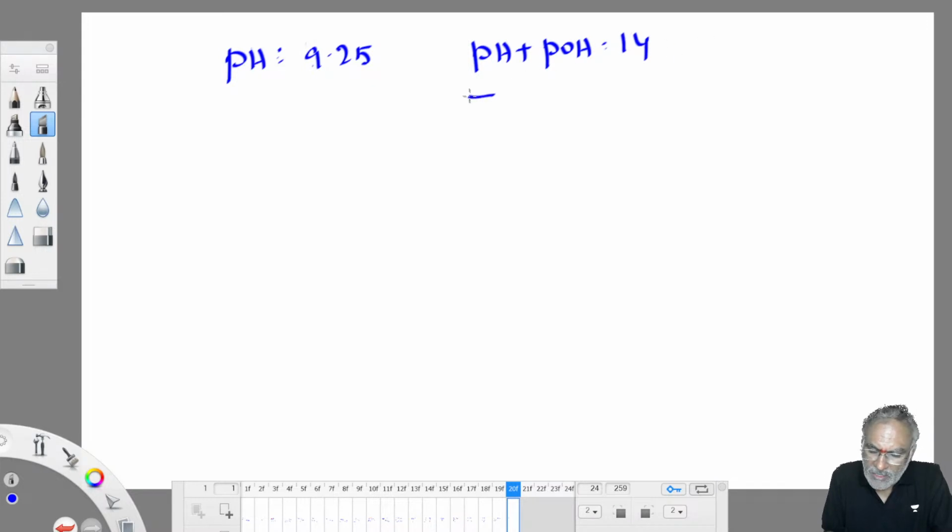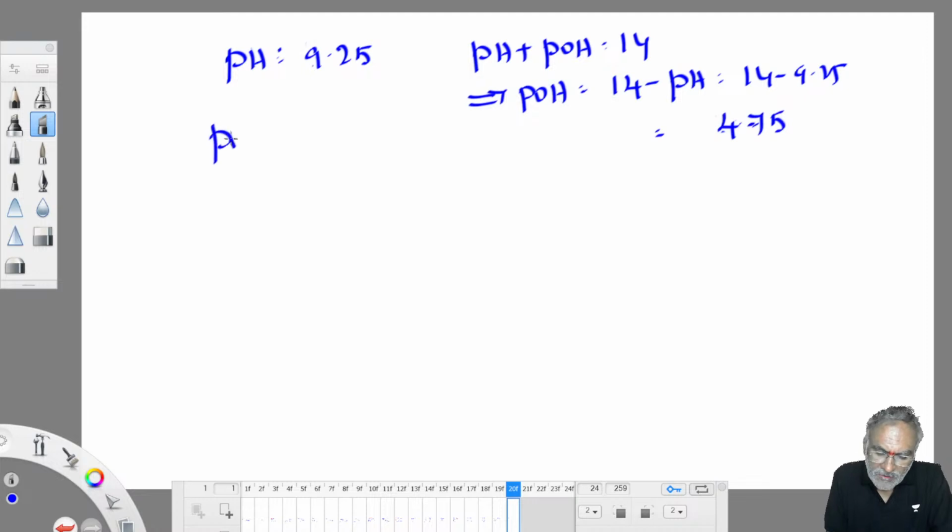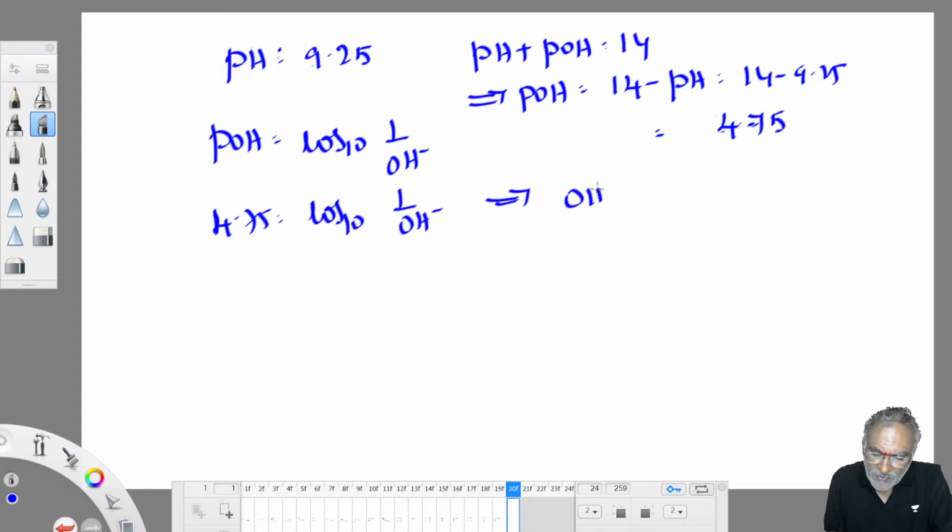Therefore, pOH is equal to 14 minus pH, 14 minus 9.25, which is equal to 4.75. If pOH is equal to 4.75, what is pOH? Log 10 1 by OH minus. This is 4.75, log 10 1 by OH minus. If we simplify, what will we get? OH minus ion concentration is equal to 10 power minus 4.75 moles per liter.